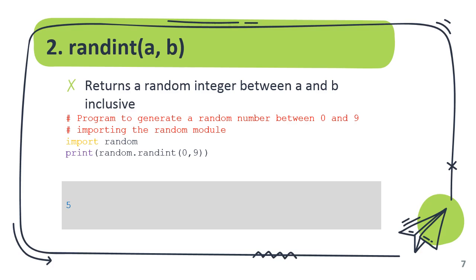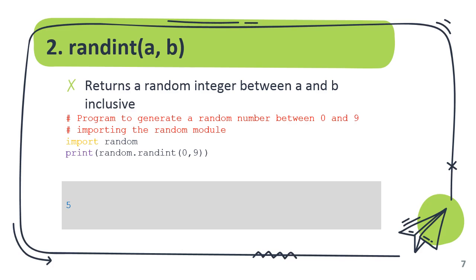But here we can specify a particular range. It returns a random integer, not a floating point value, an integer value between a and b inclusive, including both the parameters a and b. For a detailed explanation, see this example: a program to generate a random number between 0 and 9.